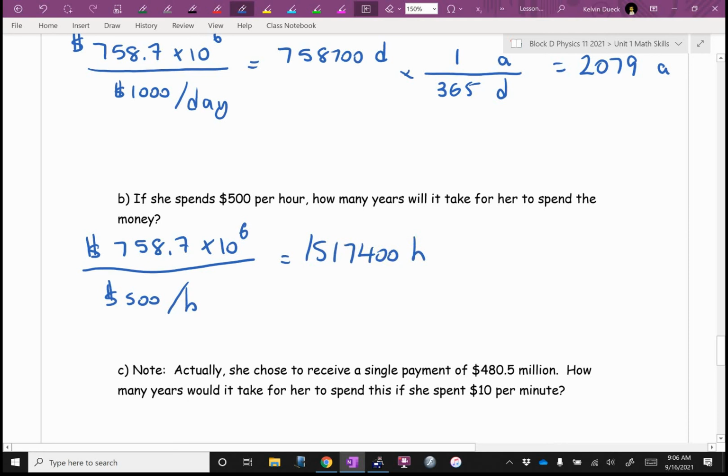That's hours. I would like to convert that to years. Where is hours going to go? On the bottom. Ooh, can I go from hours to... Oh, it was 8,000 something, wasn't it? 8,760?